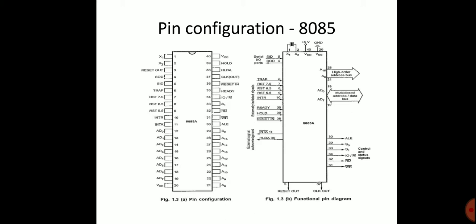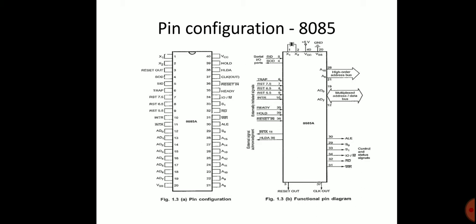Now the data buses and address buses, AD0 to AD7. These are the address bus and data bus. In our 8085 microprocessor, the 8-bit data bus, that is D0 to D7, is multiplexed with the lower half, A0 to A7, of the 16-bit address bus.